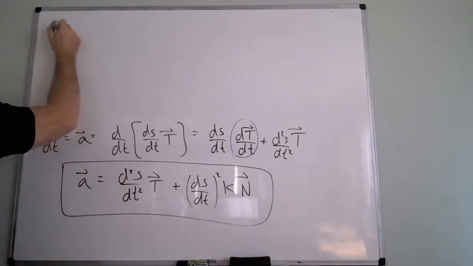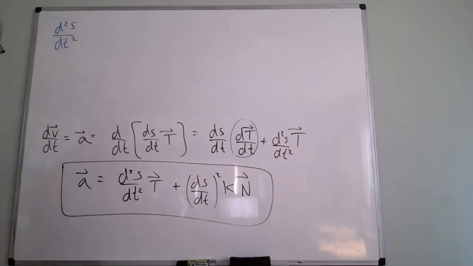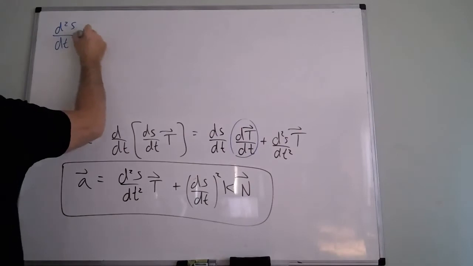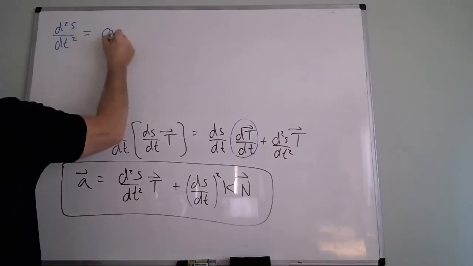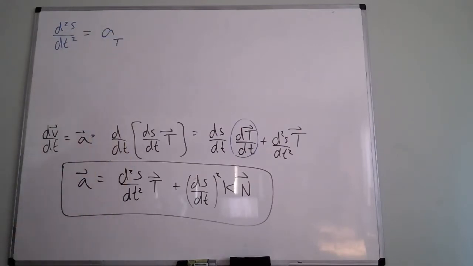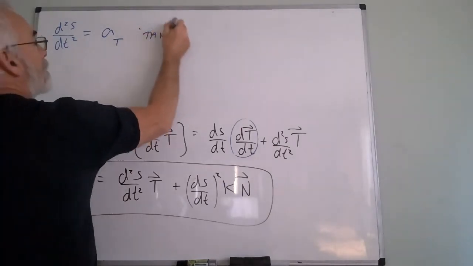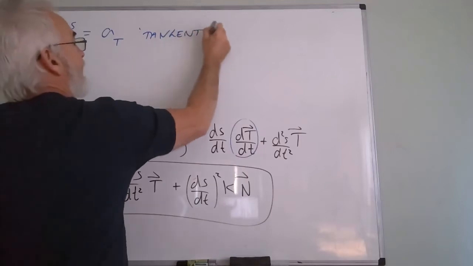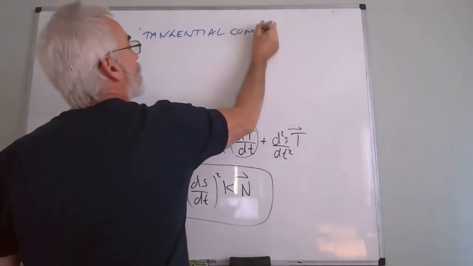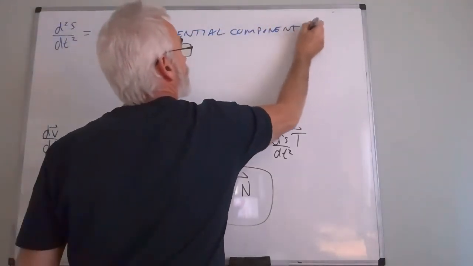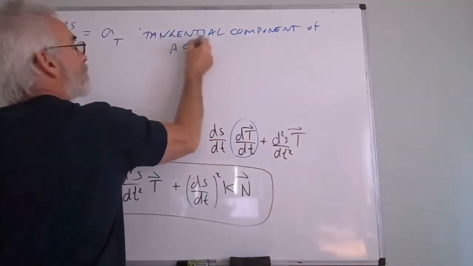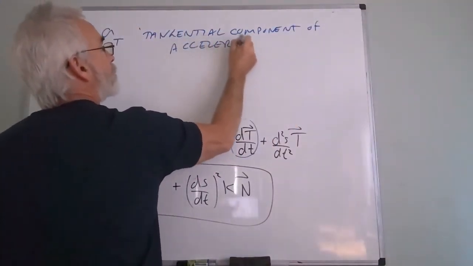We call d squared s dt squared, which basically is the derivative of speed, a with a subscript of capital T. That's not a vector. This is called the tangential component of acceleration.